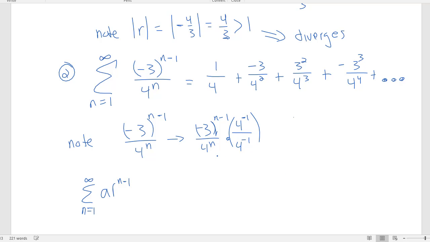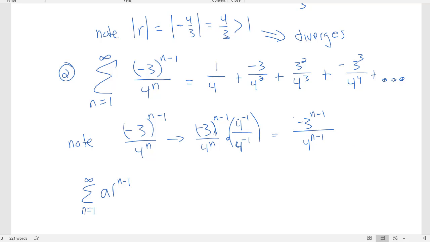The reason that I multiply in the bottom by 4 to the -1 is that our properties of exponents say when I multiply like bases, I add the exponents. So when I multiply 4 to the n and 4 to the -1, I get 4 to the n plus -1. I'm adding exponents when I multiply like bases, and I now have -3 to the n minus 1 up top.